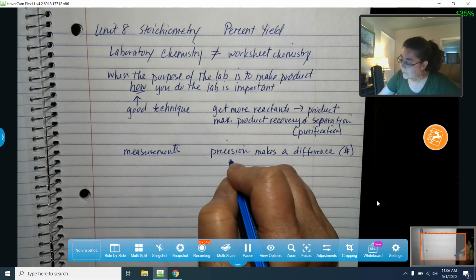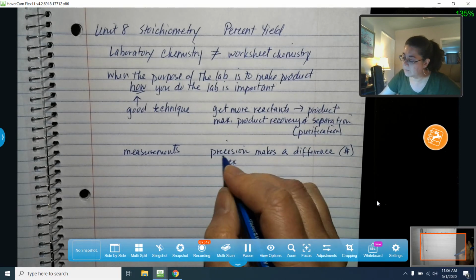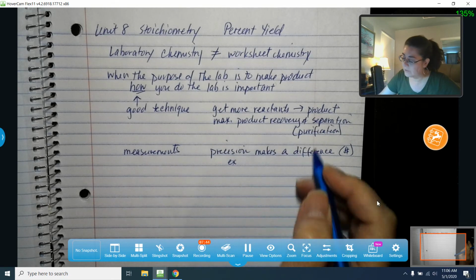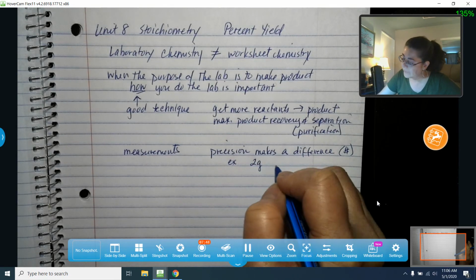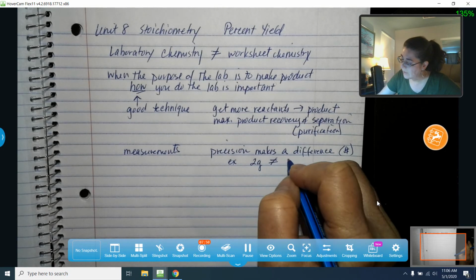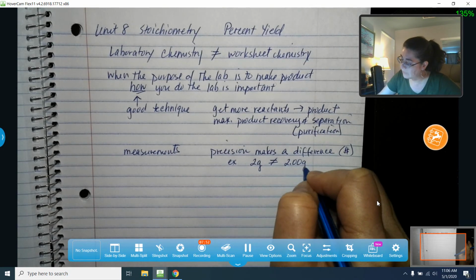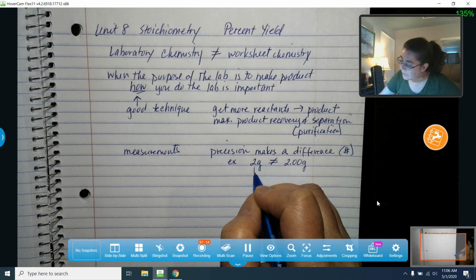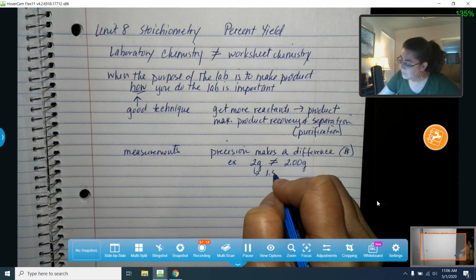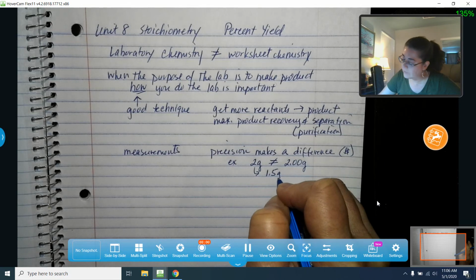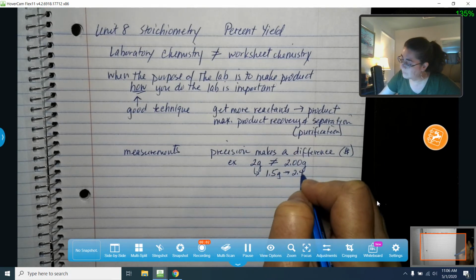So like I said before, what I mean by measurements and precision is this: when you write 2 grams like this, it doesn't mean the same as 2.00 grams. Because it's rounded, 2 grams can mean anywhere from 1.5 grams all the way to 2.4 grams.